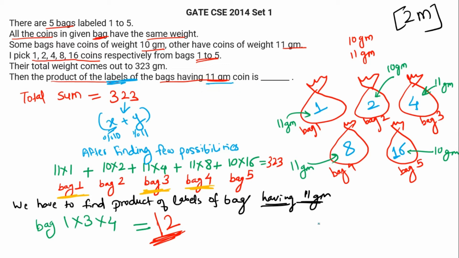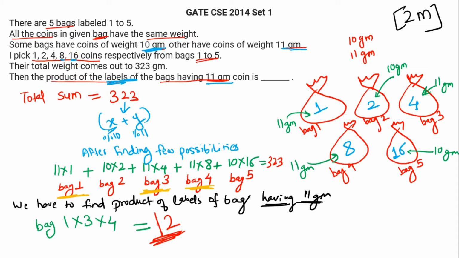Now the question is that we have 5 bags. Let's name the bags bag 1, 2, 3, 4, 5. In each bag we have coins whose weight is either 10 gram or 11 gram. In the first bag we have 1 coin, in the second bag 2 coins, in the third 4 coins, in the fourth 8 coins, and in the last bag 16 coins.